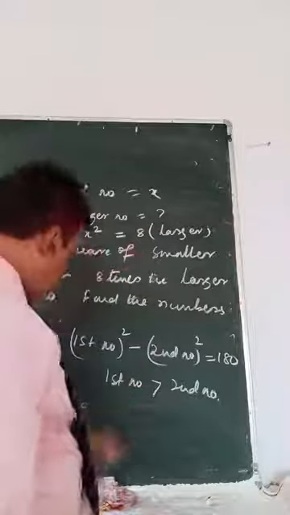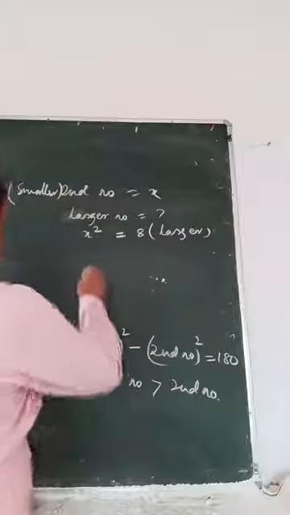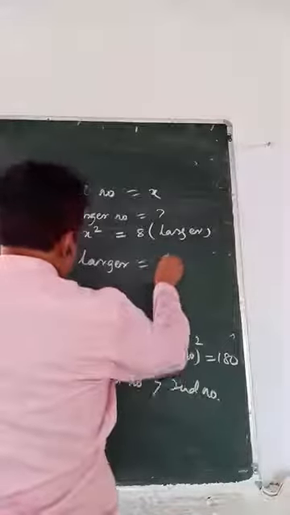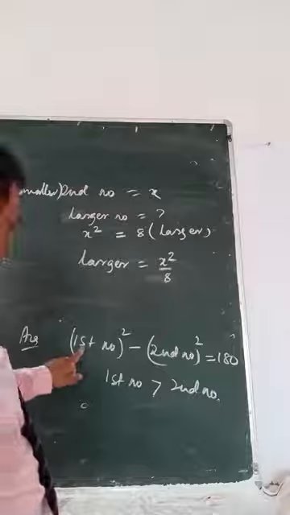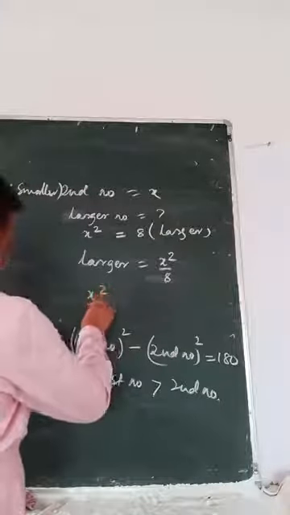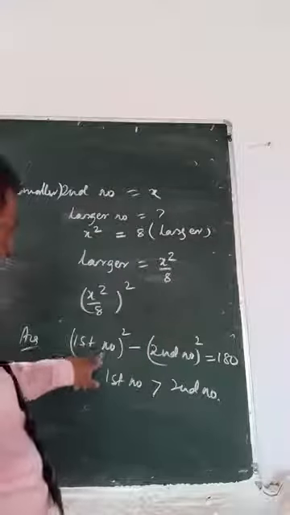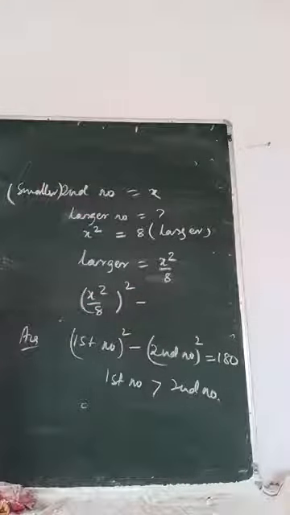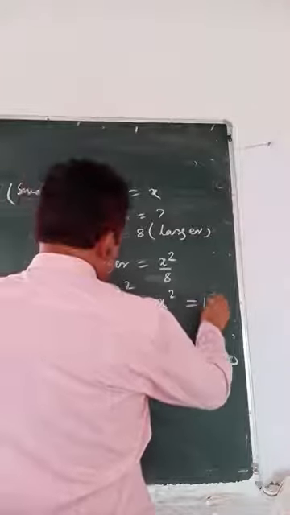Eight times the larger, so the larger equals x square by 8. So now the first number is x square by 8. So (x square by 8) whole square, because first number's square minus second number's square, the second number being x, equals 180.